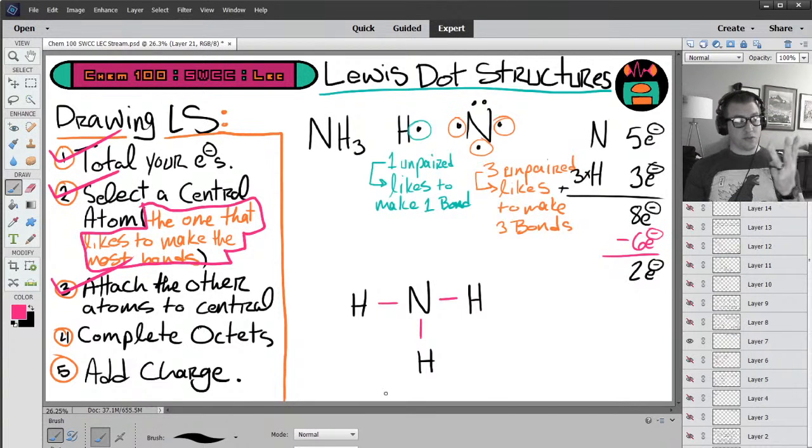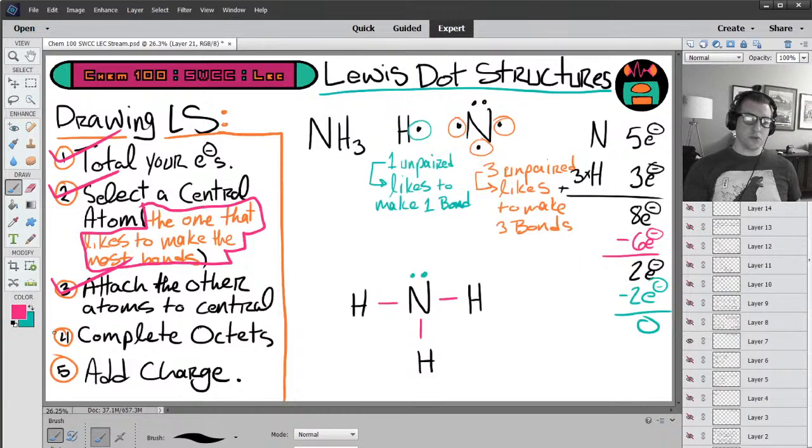Nitrogen has access to 3 bonds, which means it has access to 6 electrons, but nitrogen wants 8. So we need to give it 2 more electrons, and we have 2 more in the budget. So we're going to spend our final 2 electrons to give nitrogen a full octet.